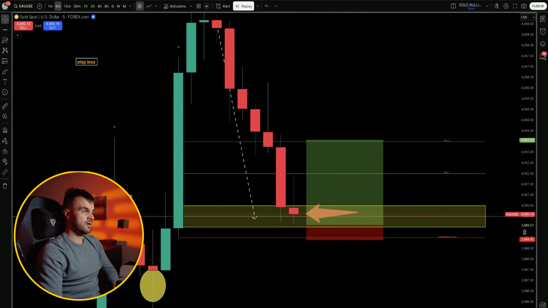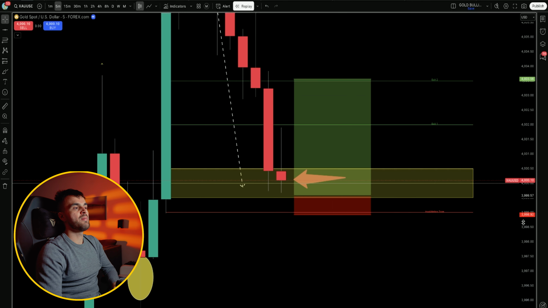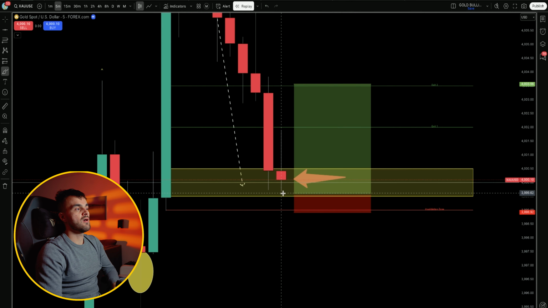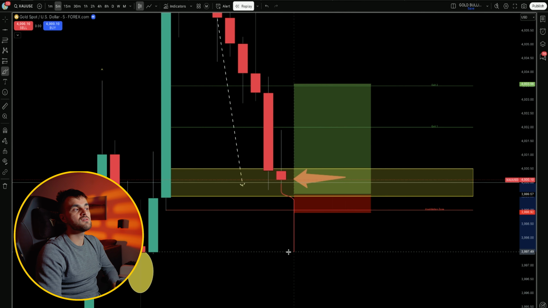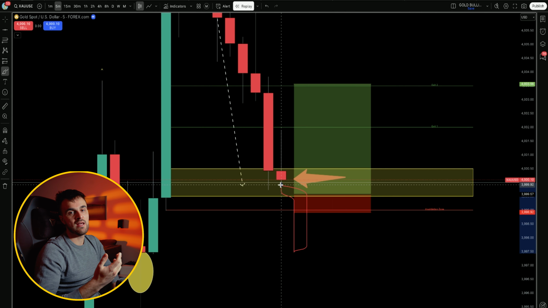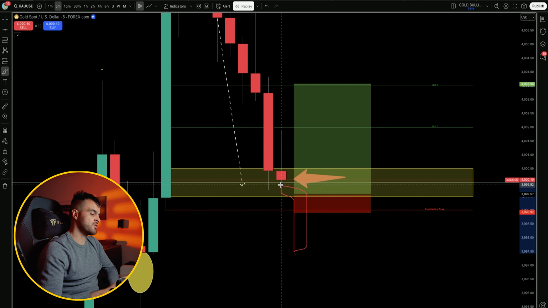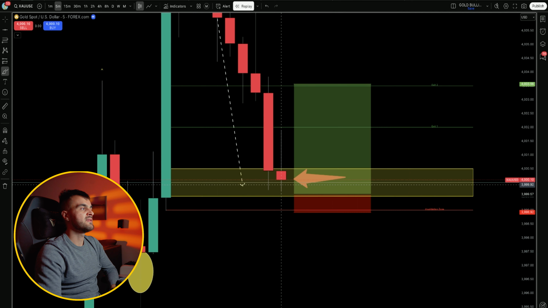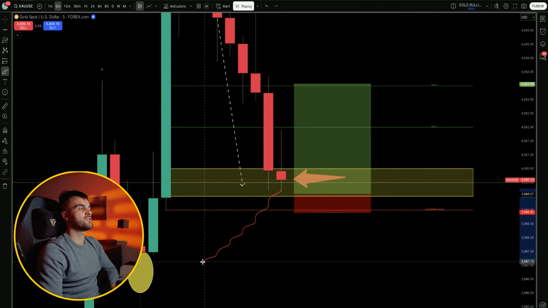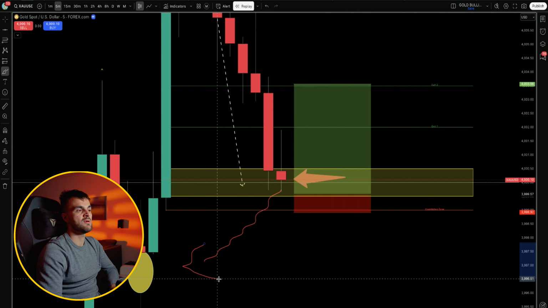So if the market closes bearish, let's say we get a strong bearish close underneath here, that would invalidate it. That would be like, okay, this setup's not working. So we could look at previous structure and say, okay, I could place my stop loss maybe around there to be a bit safer.